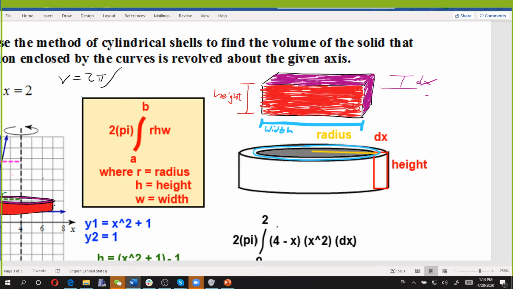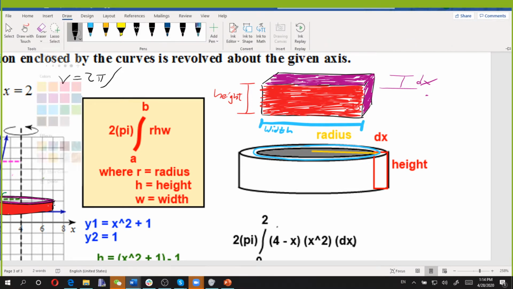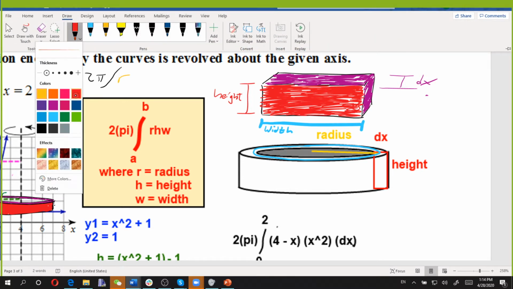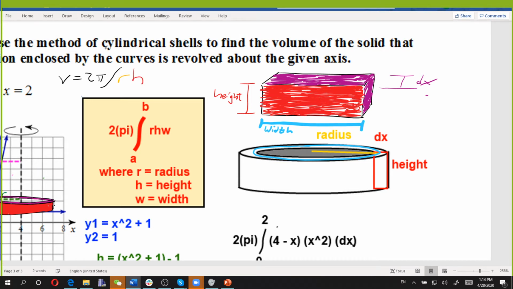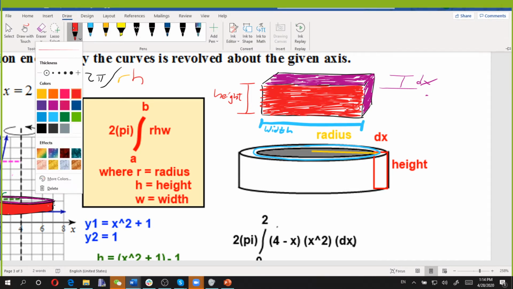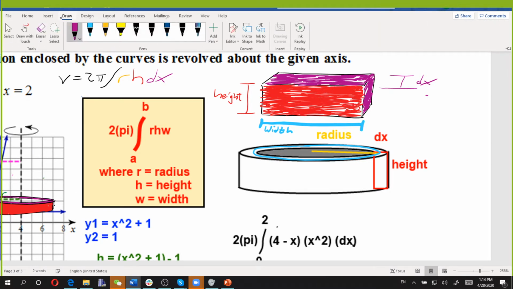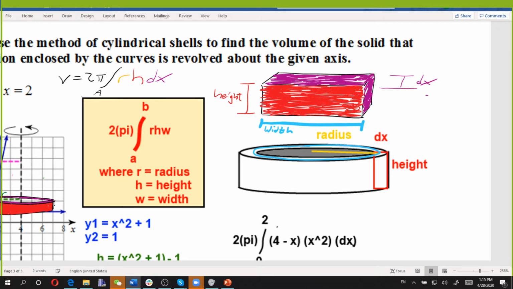Our radius, though, is not. 2 pi r times our height, times our depth, which is an infinitely small dx, from a starting x value to an ending x value. So from A to B.